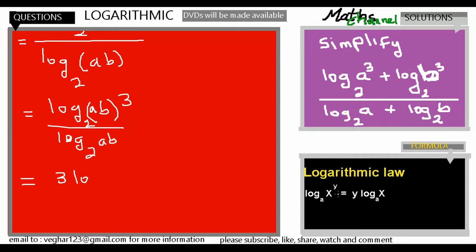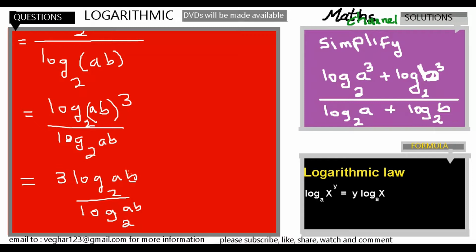So we are going in this direction. We are taking y to be at the side. It's like this. And then base 2, and log AB.